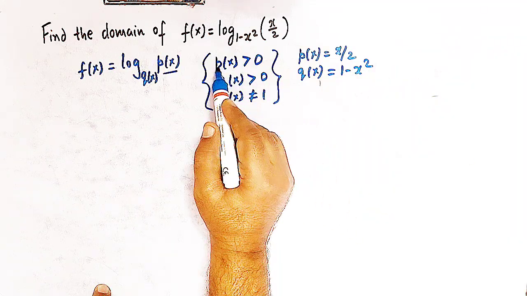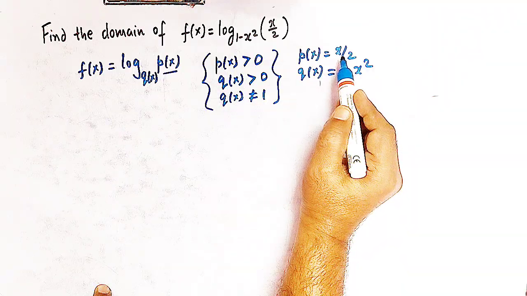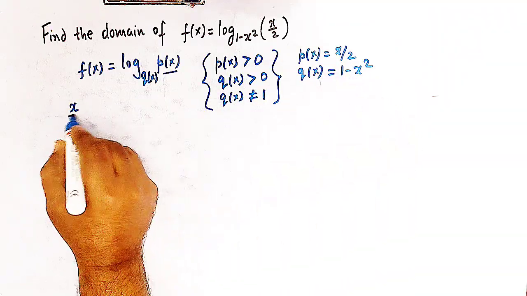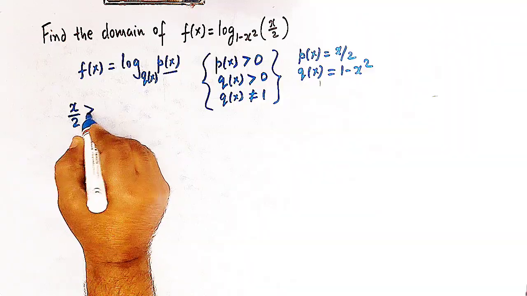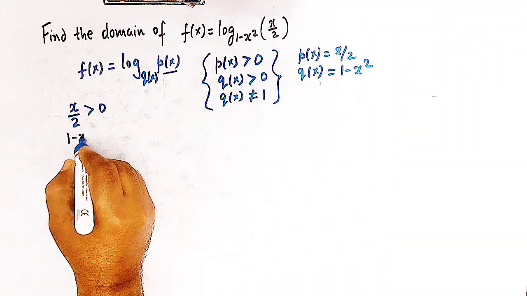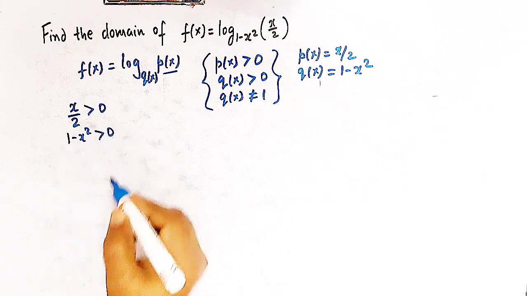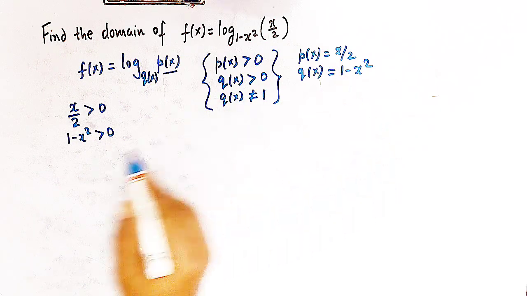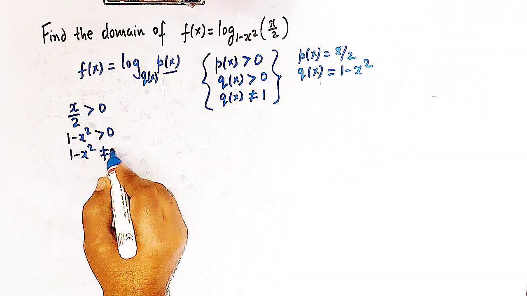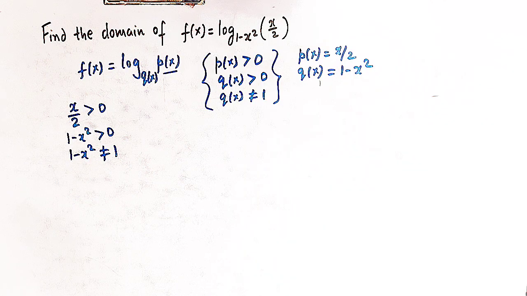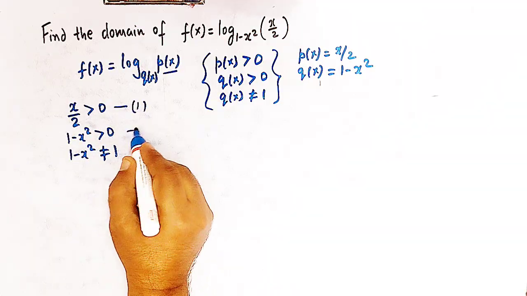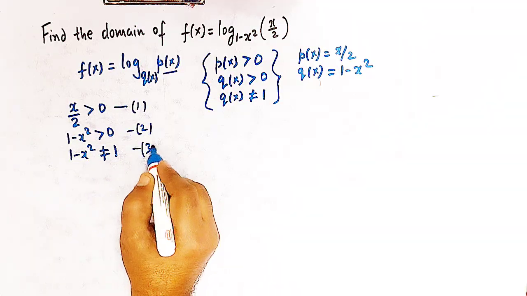Applying these conditions to these two functions, we must have x over 2 greater than 0, and then 1 minus x square should be greater than 0, and then 1 minus x square should not be equal to 1. So now we have these three conditions, right?